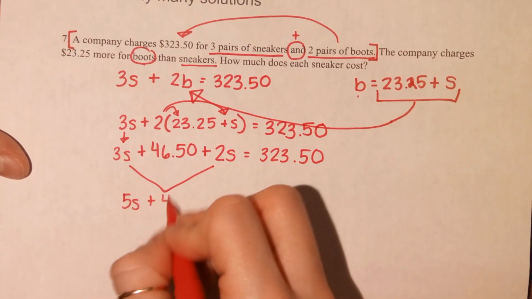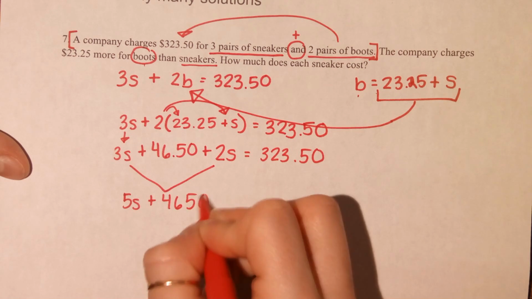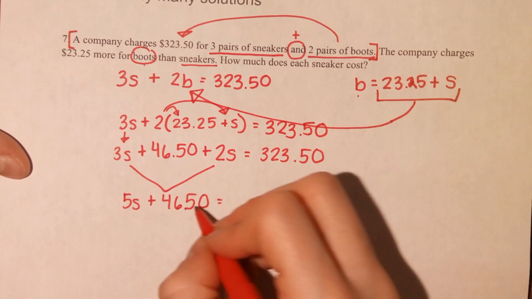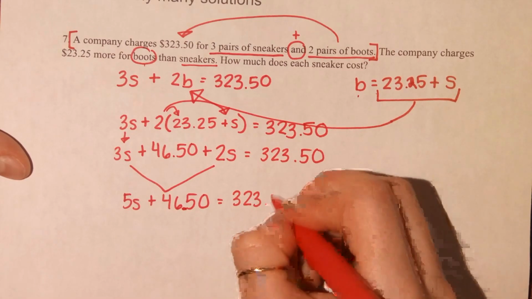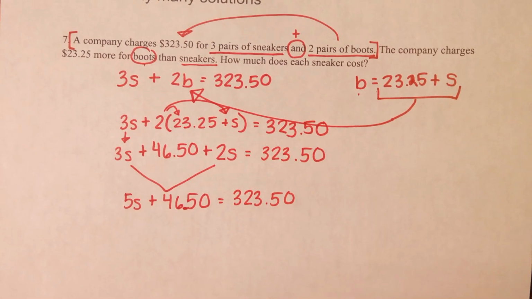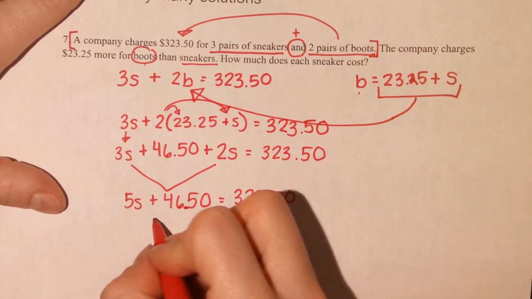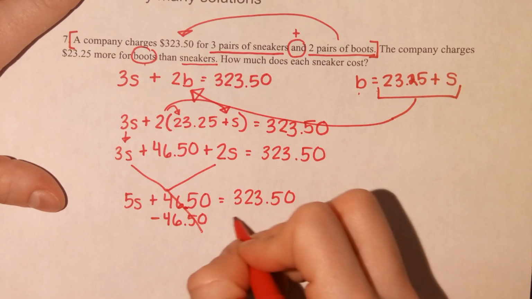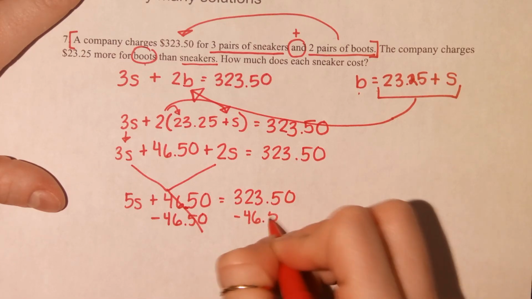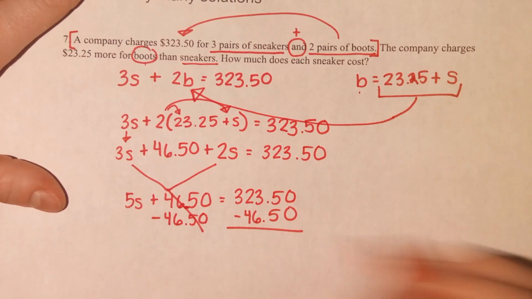323.50. I want to get my variable alone, so I'm going to subtract my regular number. That cancels out. And I end up getting 5s equals 323.50 minus 46.50 gets me 277.